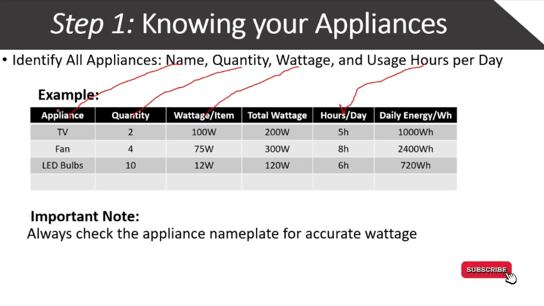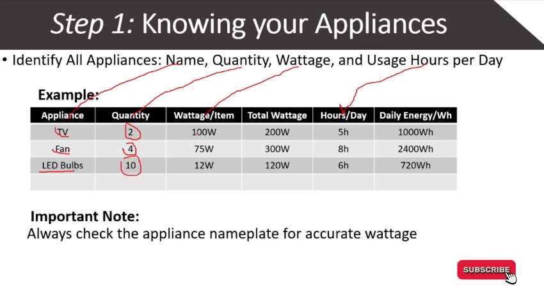For the appliance names, you can see we have televisions, fans, and LED bulbs. For their quantity, we have 2 televisions, 4 fans, and up to 10 LED bulbs.